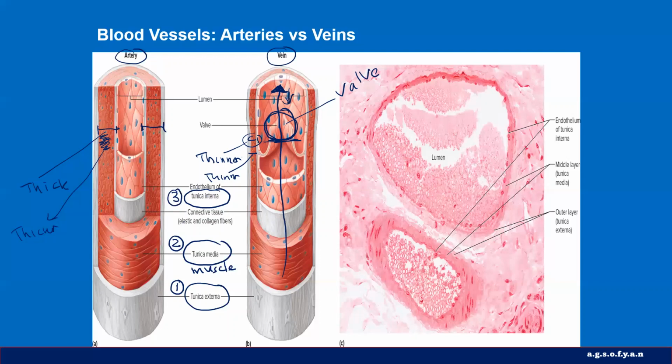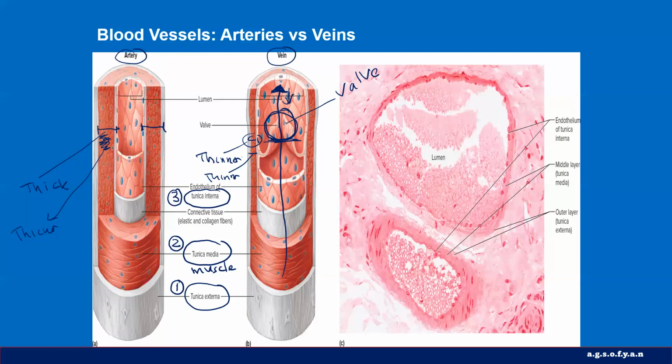Okay, just make sure you do understand the different structure between the artery and the vein. The artery is used to distribute the blood, so they have thicker muscle to pump, to distribute, to contract in order to make blood flow from one place to another place. While the vein, they don't really need that muscle. They only receive blood and then carry blood back to the heart.